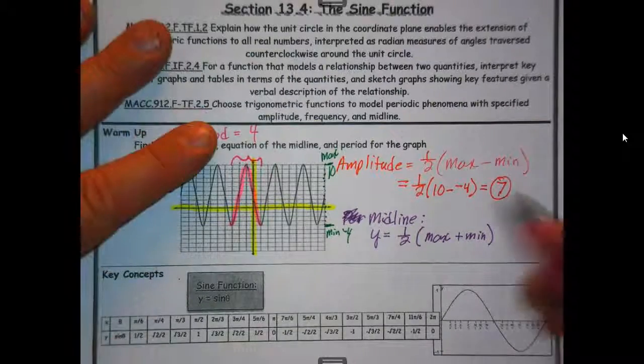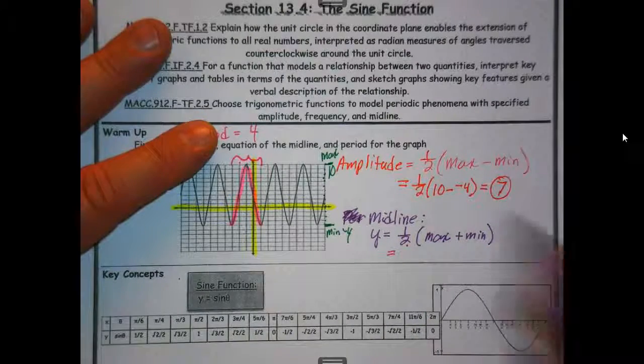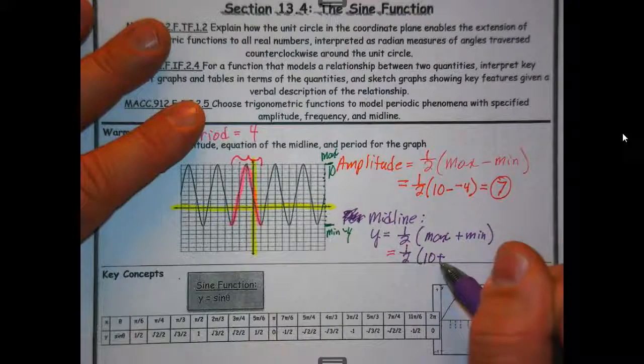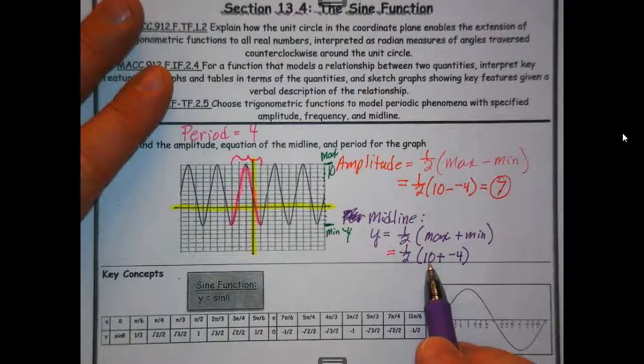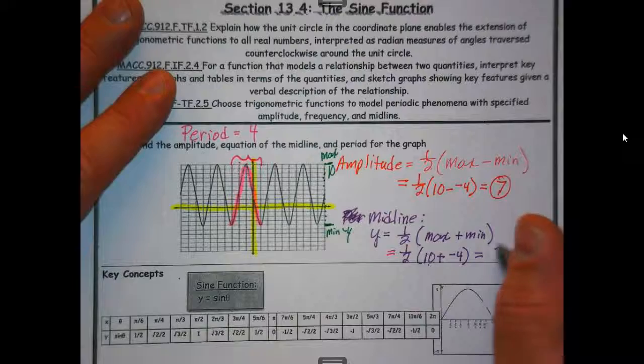The midline is going to be 1/2 of the max, which is 10, plus the min, which is -4. So 1/2 of 10 plus -4 is 6, so 1/2 of 6 is 3.